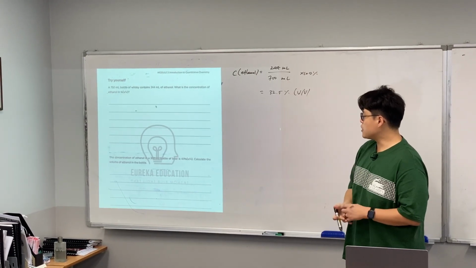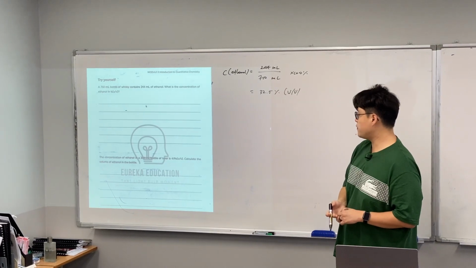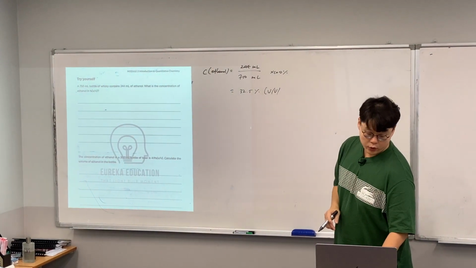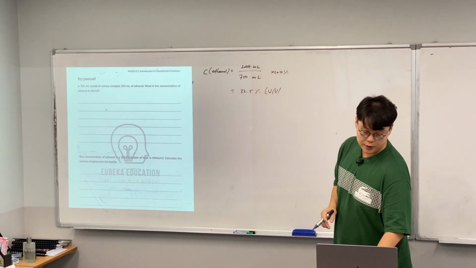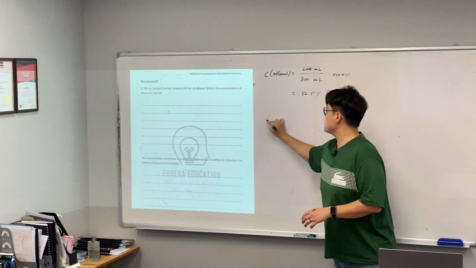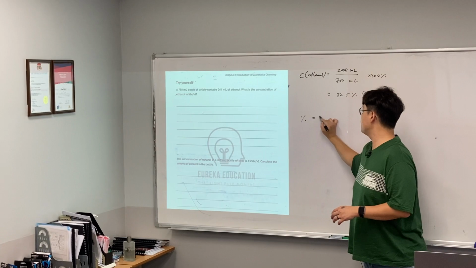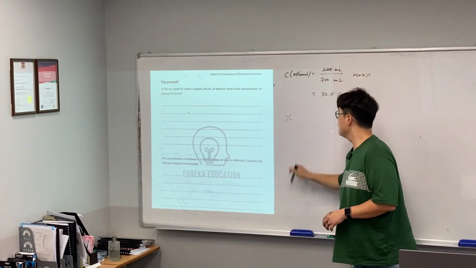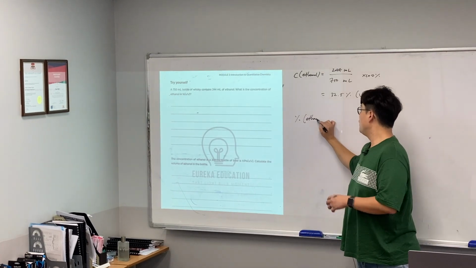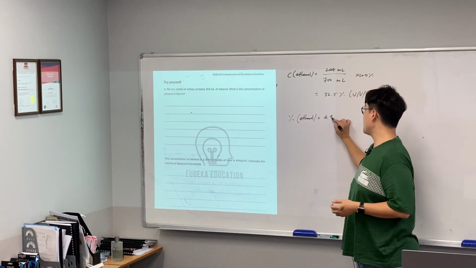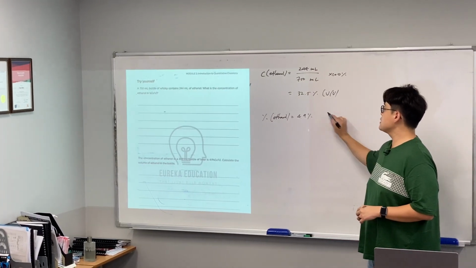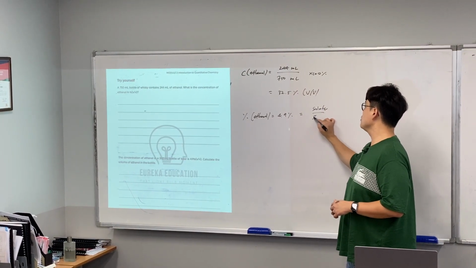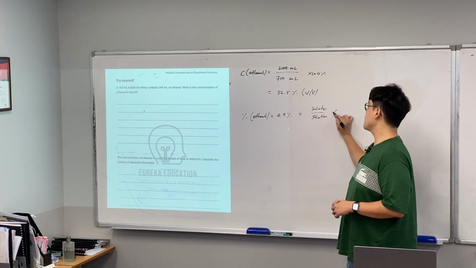Two, the concentration of ethanol in a 350 mL bottle of beer is 4.9%. Calculate the volume of ethanol in the bottle. If the percentage is given as 4.9%, I should write it down like this: the ethanol is 4.9%. Remember that this is found by solute over solution times 100%.